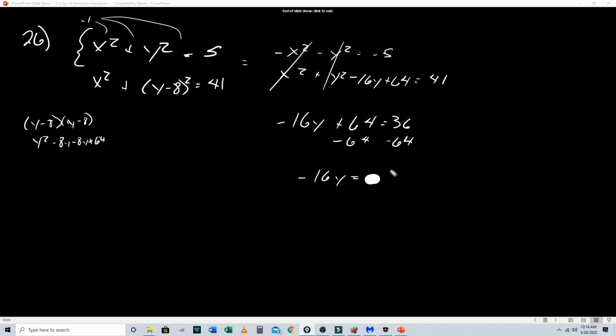That's not nice. I don't know why it keeps doing that. Did I keep pressing something? Is that what it is? I don't know why it keeps changing, so negative 28. If we divide by negative 16, it does reduce by 4 to 7/4, which is just terrible. Well, I want to make sure.